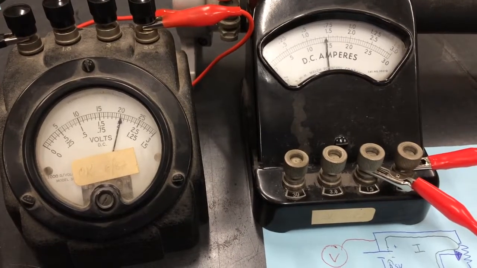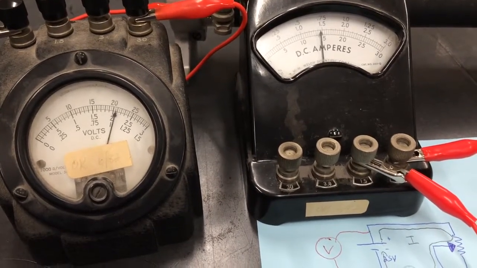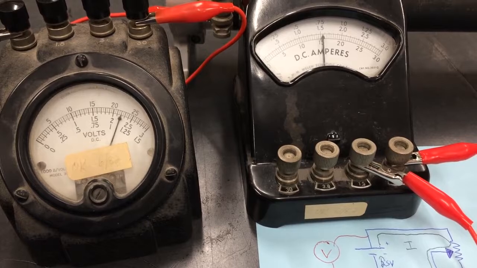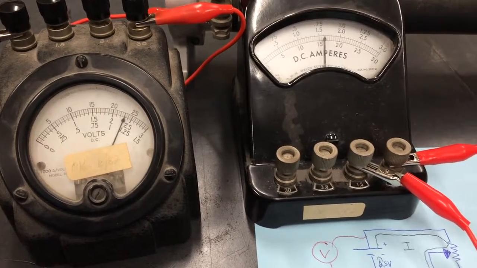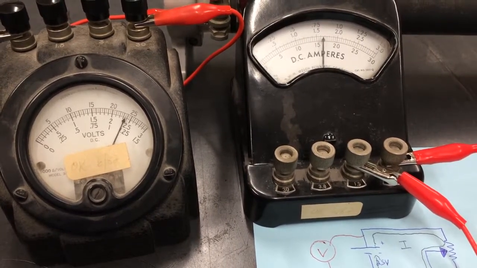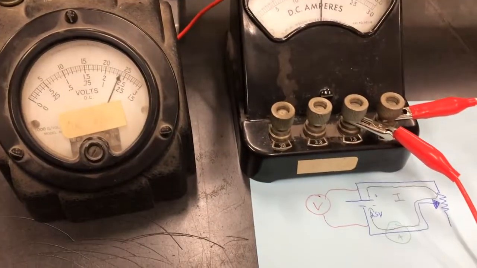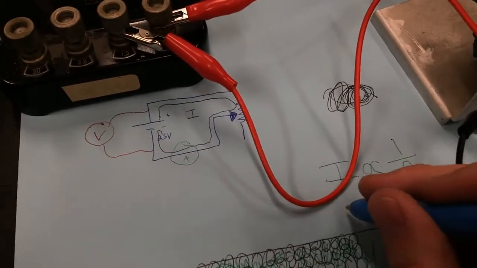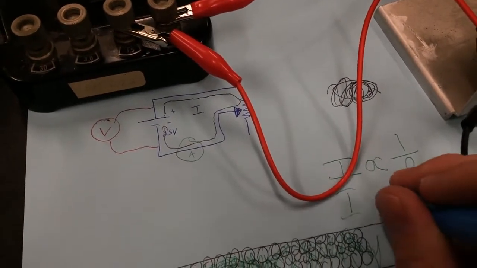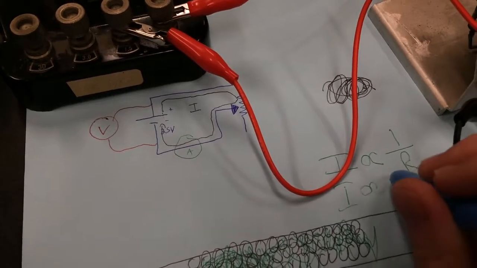Watch what happens as I increase the voltage. Do you see the amps going up? So what that tells us is that current is proportional to voltage.